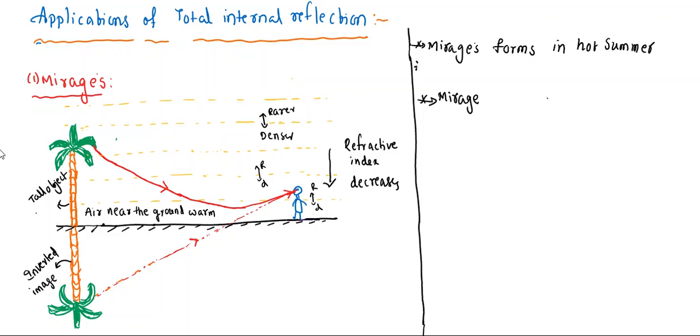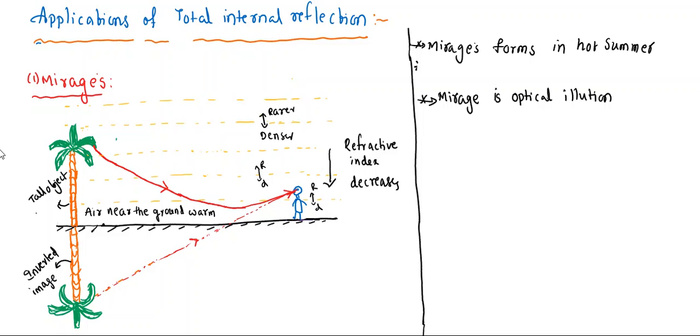You see in the deserts, in the hot summer, at a long distance you observe water, but it is not there. When you go there, you cannot observe the water. That is a mirage. A mirage is an optical illusion, and due to that you feel like that.